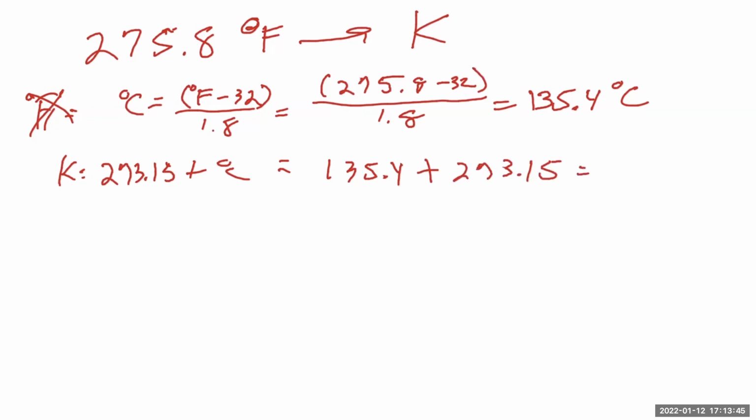So again, 135.4 plus 273.15 comes out to 408.6, rounded up. And that is in Kelvin.